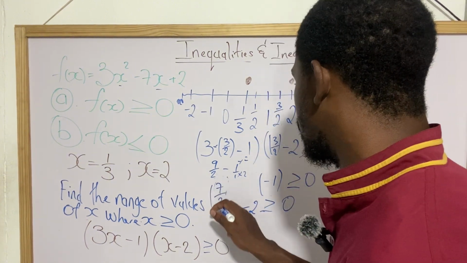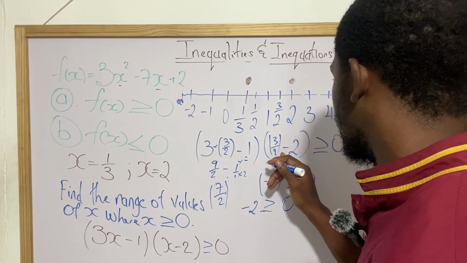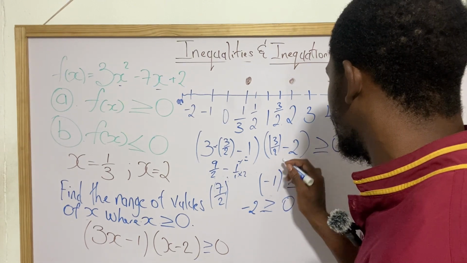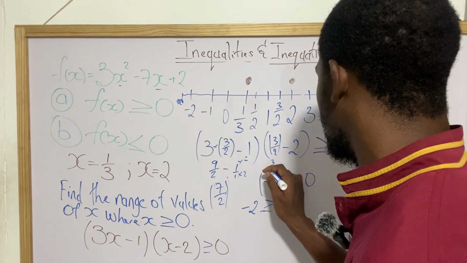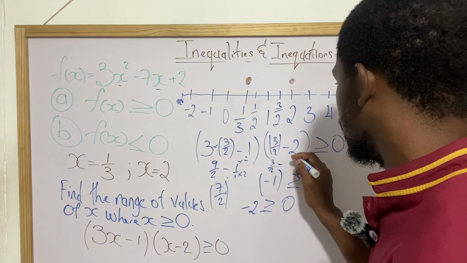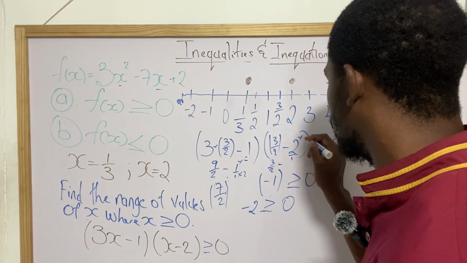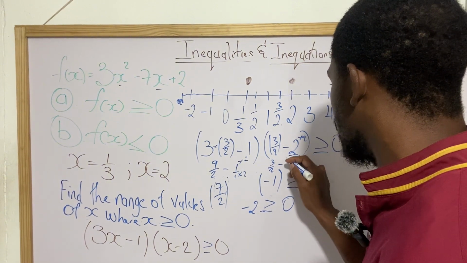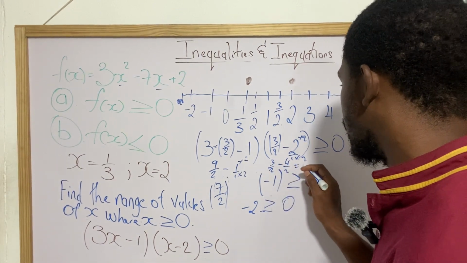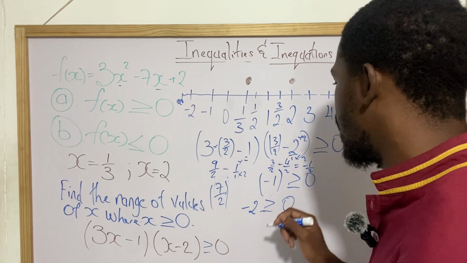And 7/2 multiplied by this now is going to be, right here, 3/2 minus, this is 2/1, so that would be 2 times 2, so we would have 4/2. So we'll look right here, we would have -1/2.